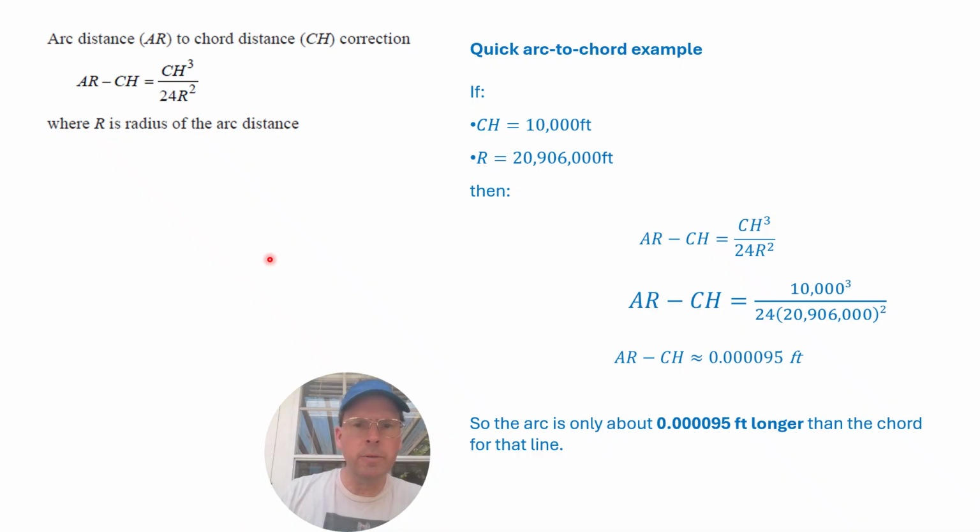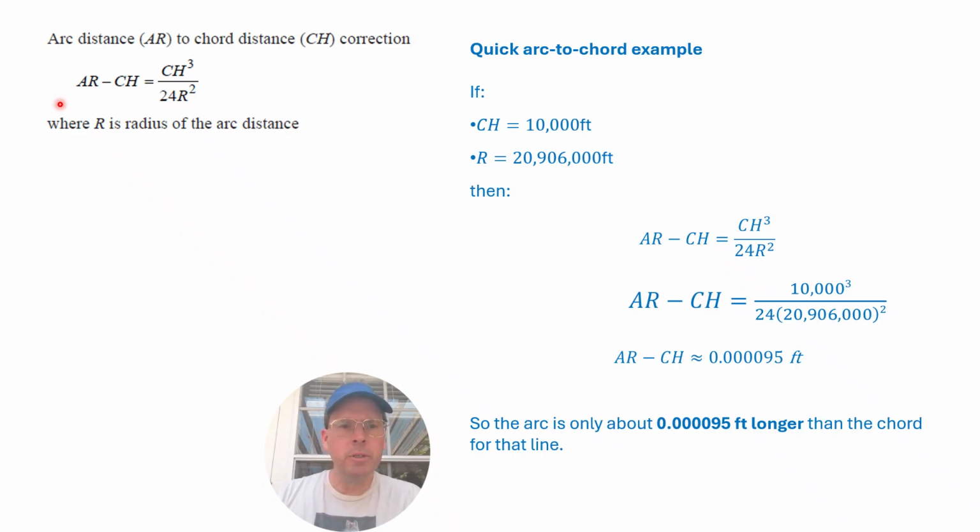Okay, let's look at this last equation. Arc distance to chord distance correction, where R is the radius of the arc distance. So let's do an example. We have the CH, 10,000 feet, and the R, the radius, 20,906,000 feet.